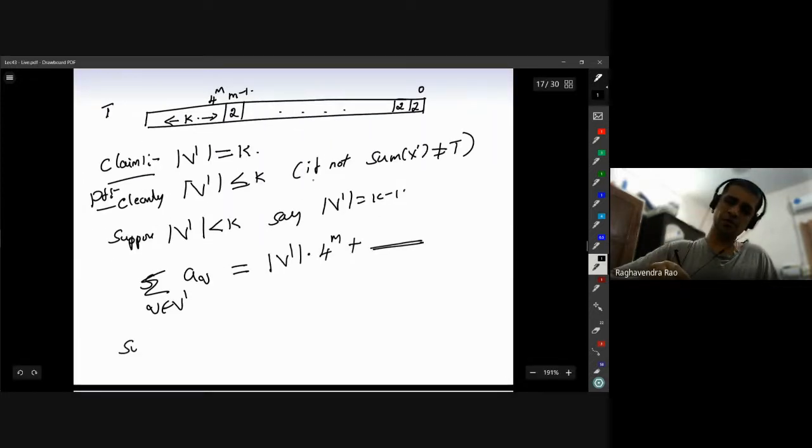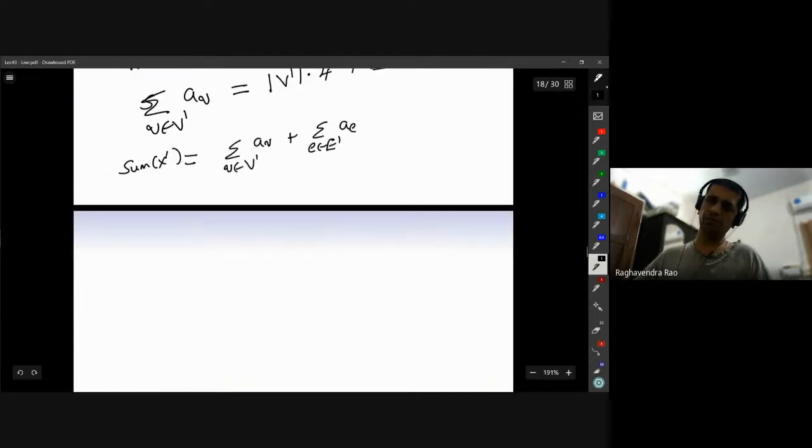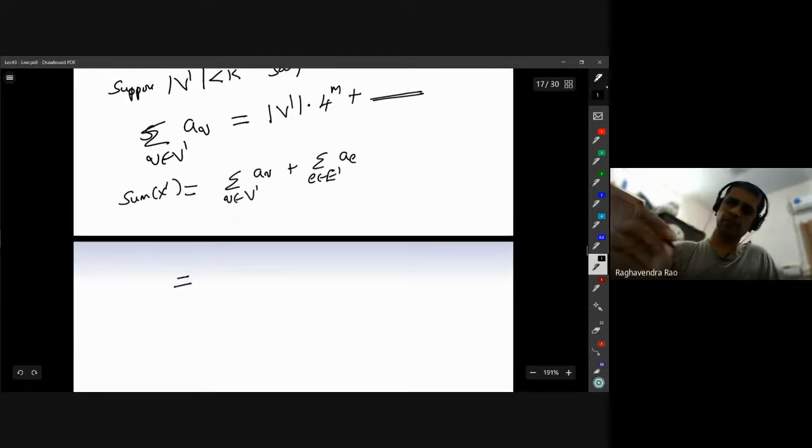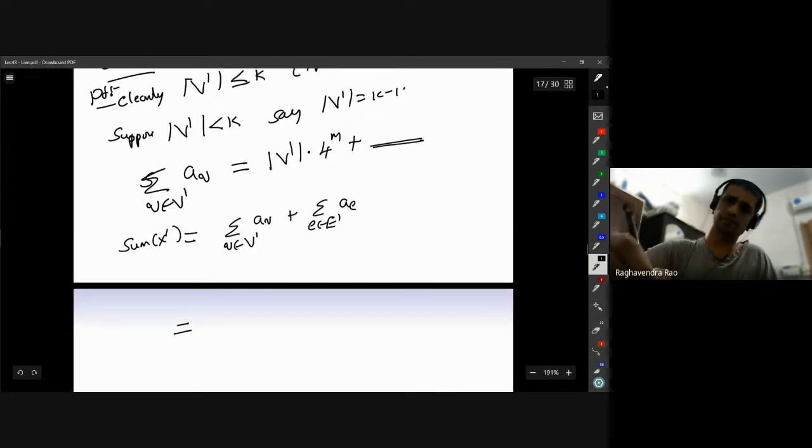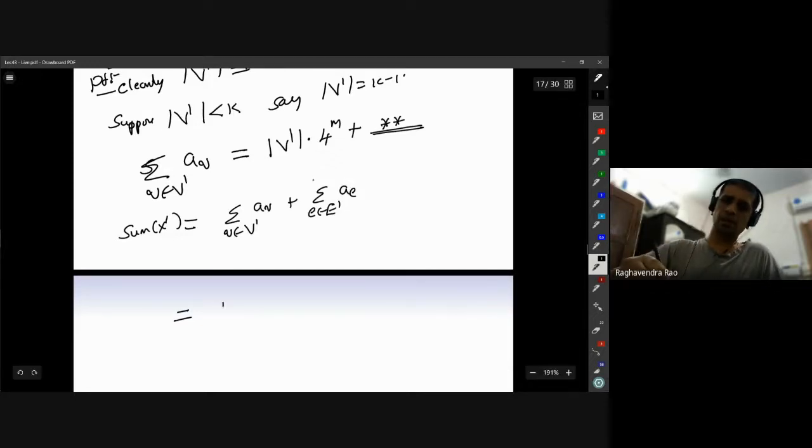Now sum X prime is equal to this number, V in V prime AV plus E in E prime AE, which is equal to, I'll just write this as star star, cardinality of V prime into 4 power m plus star star plus summation AE, E in E prime.